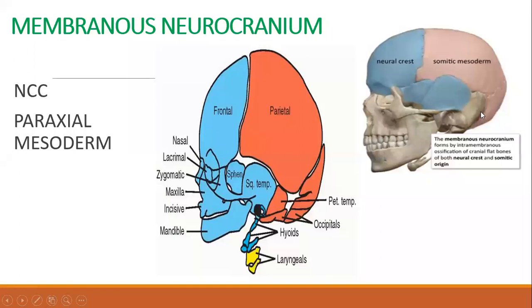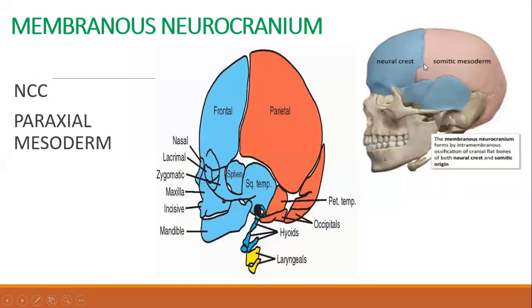And you know these skull bones: frontal, parietal, occipital, temporals on the sides.